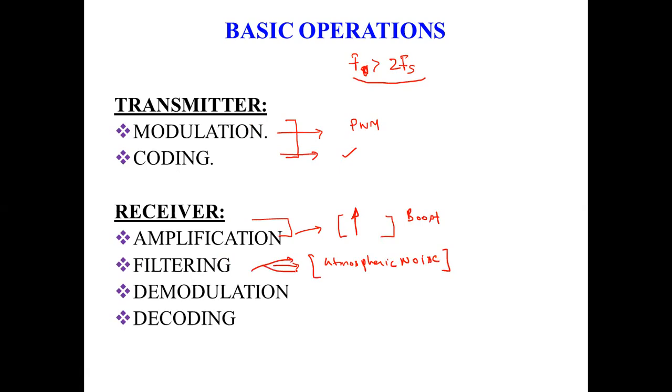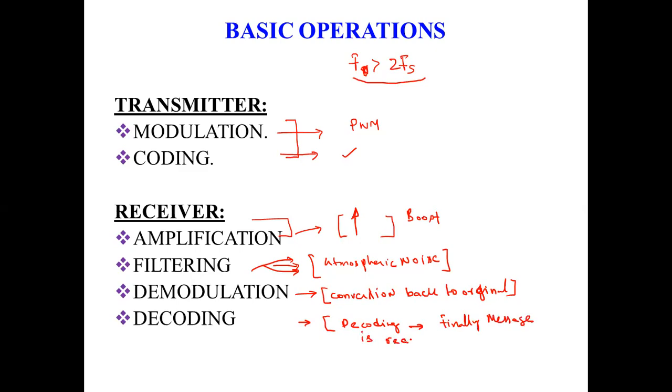Once this filtering is done, this signal needs to be converted back to the original signal, and then decoding it, and the person is receiving. Finally the message is received. So this is how the signal movement goes.